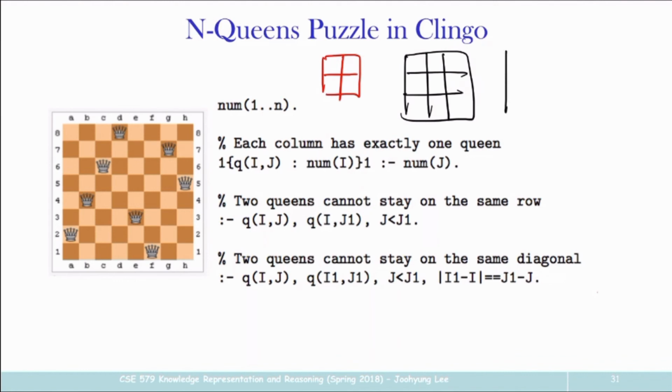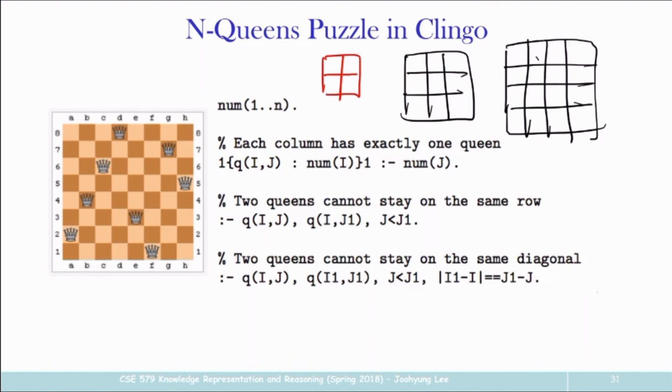Okay, n equals 4. No solution, right? Just one person.